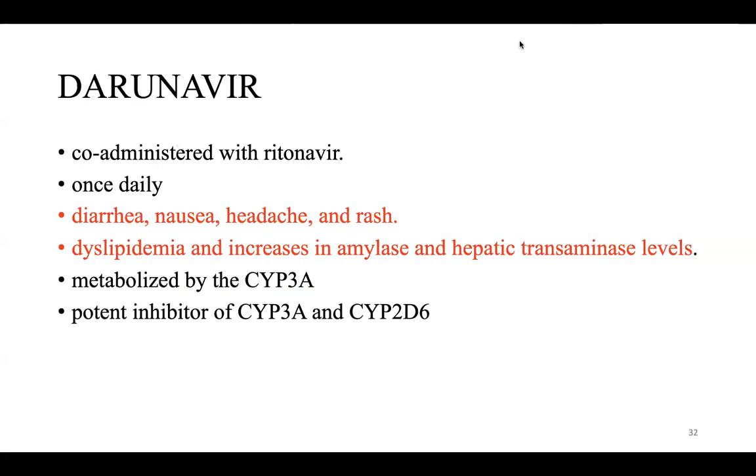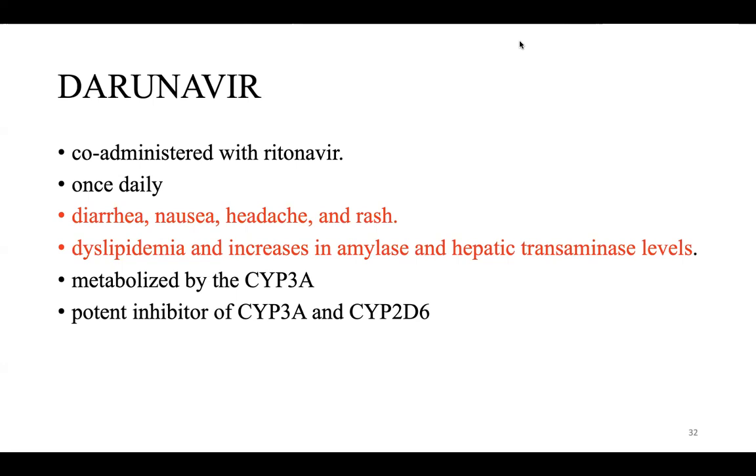Darunavir must be co-administered with ritonavir. Darunavir may be administered once daily in treatment-naive patients. Symptomatic adverse effects of darunavir include diarrhea, headache, nausea, and rash.